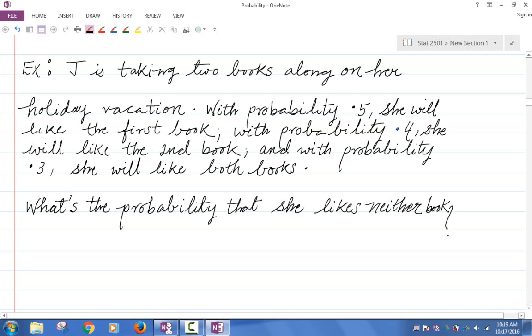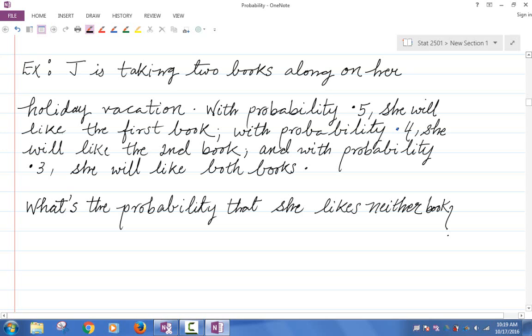Okay, so once again, we have a person who is taking 2 books to read on her holiday vacation. We are saying there are 2 books, so book 1 and book 2. The probability that she will like book 1 is 0.5.